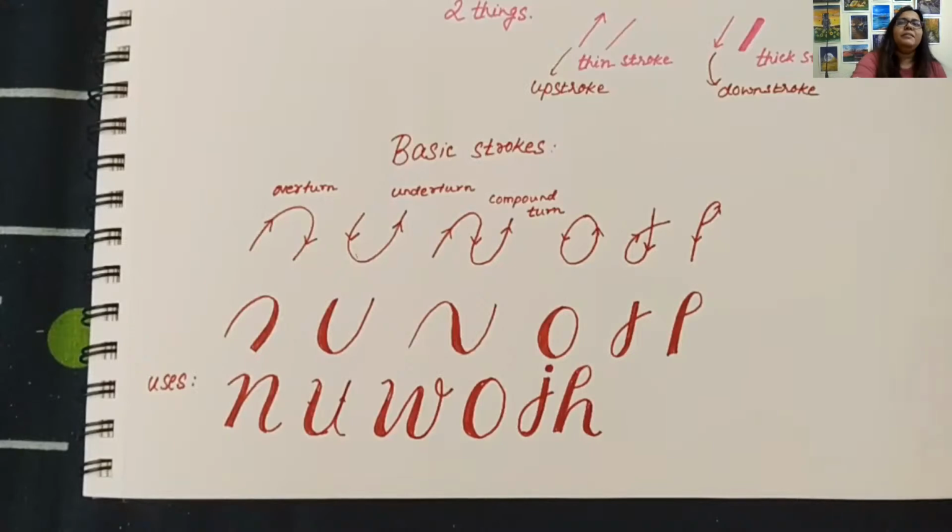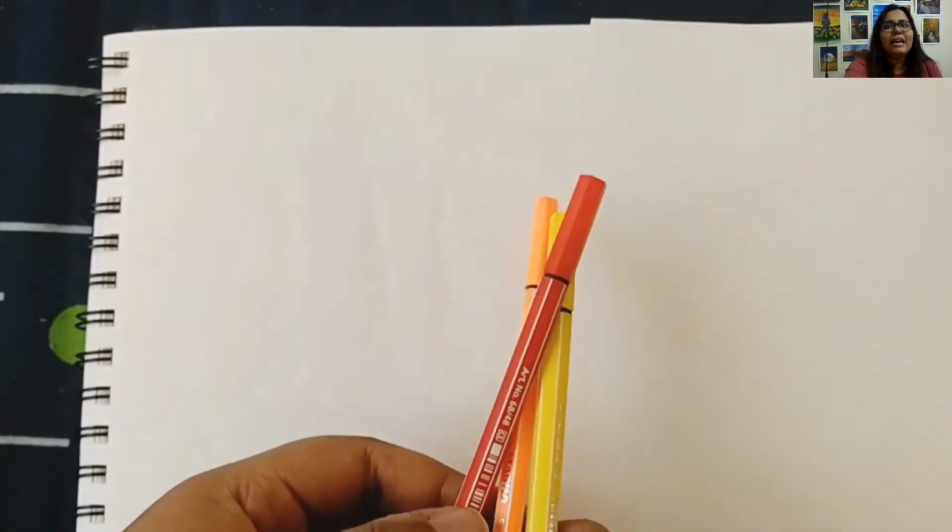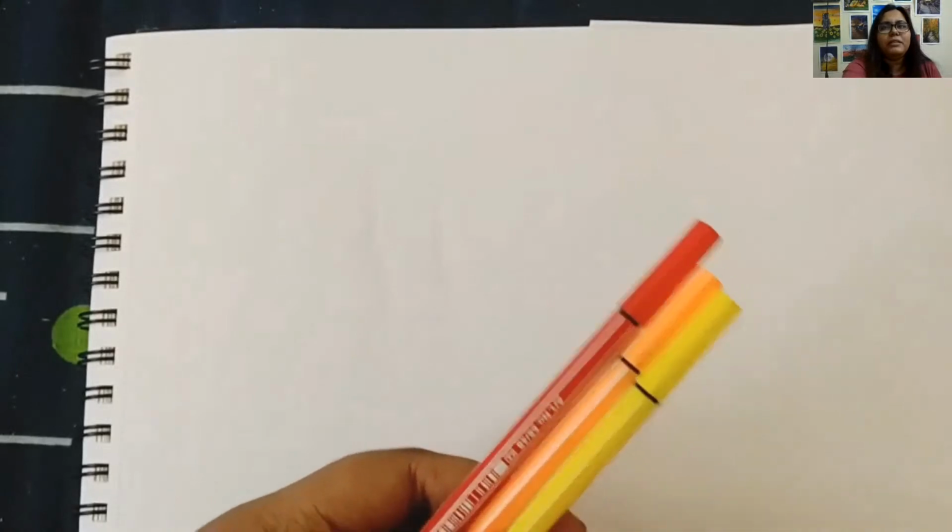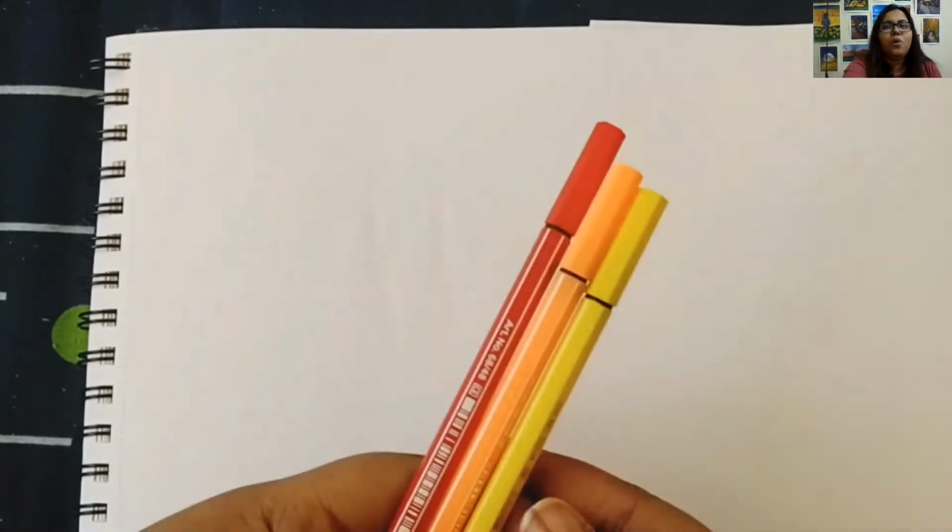Here I have a fresh sheet of paper, and these are the three warm colors. First, we will start off with the warm colors. I have my orange, red and yellow ready. We will first write just three letters each.